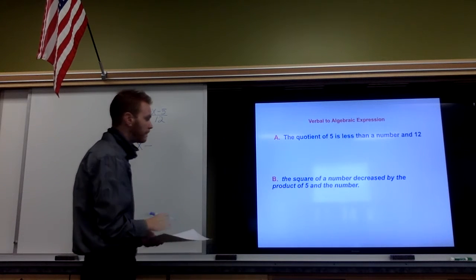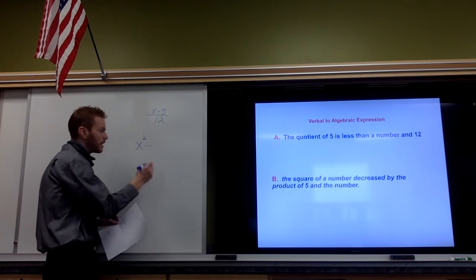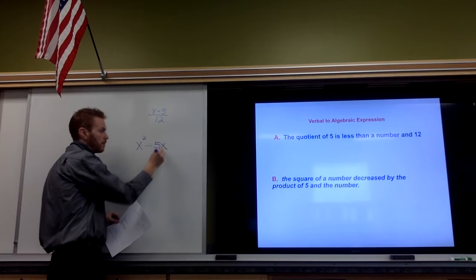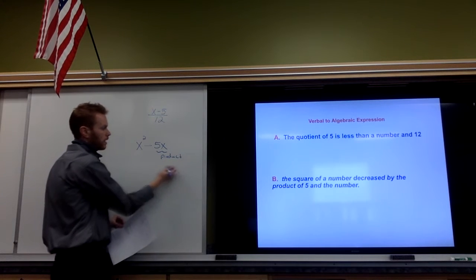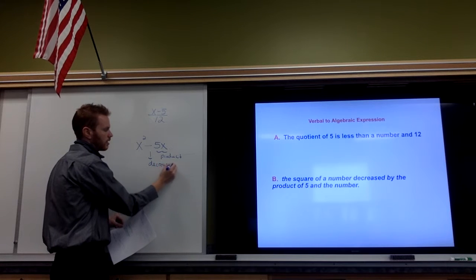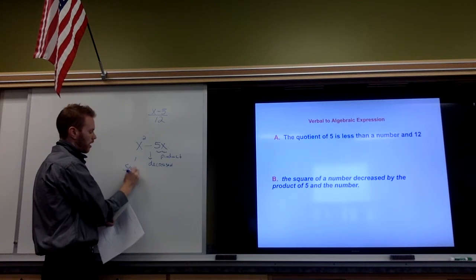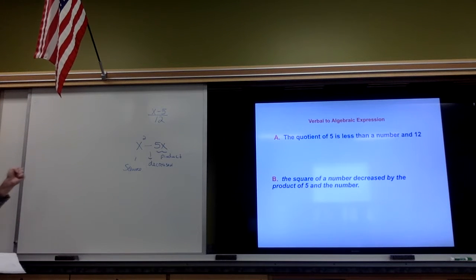The product of 5 and a number. Product means multiplication, 5 and the number. So this is the product part. This is the decreased. And this is the square of a number. So that's the whole expression broken down.